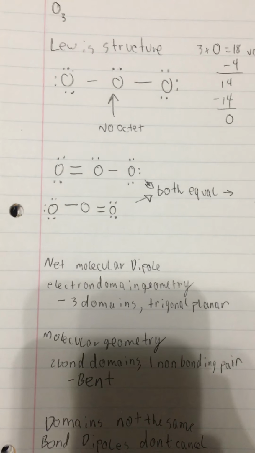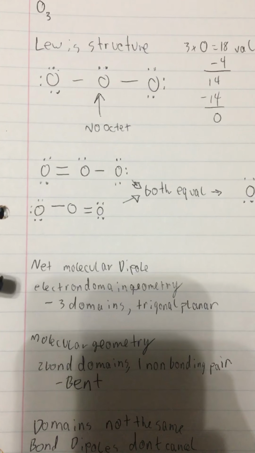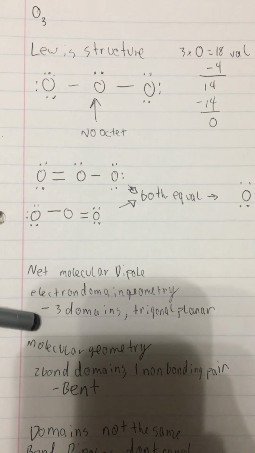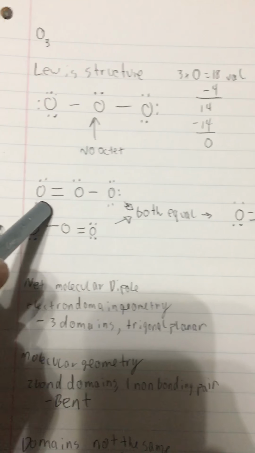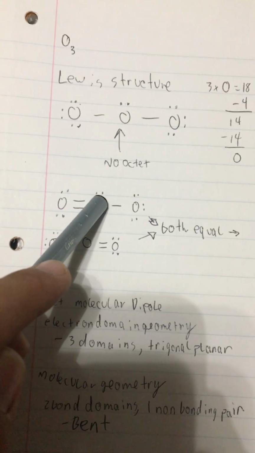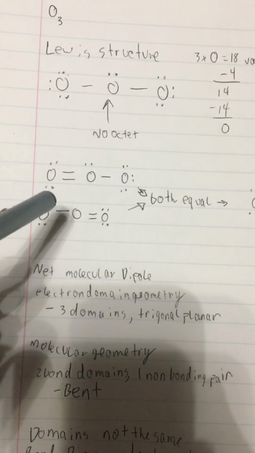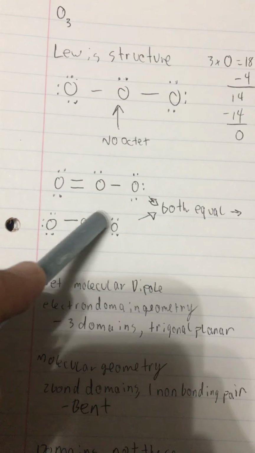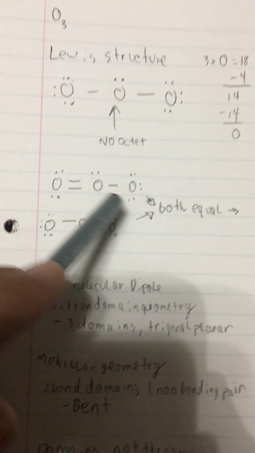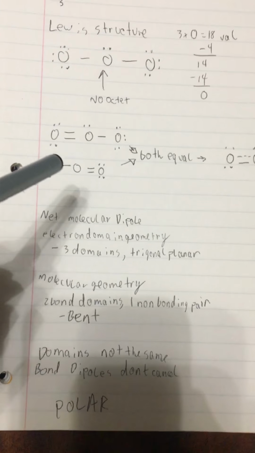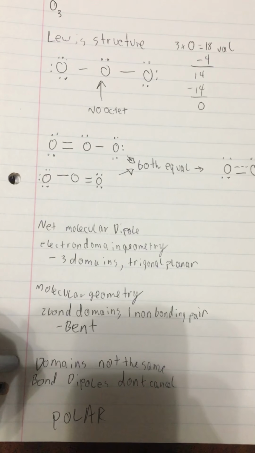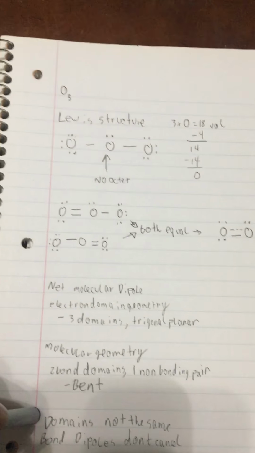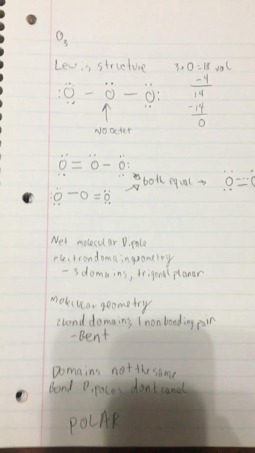With that, the electron domain geometry has 3 domains and is trigonal planar, since it has the 2 bonds to the other oxygens and the lone pair. But the molecular geometry is bent because it has the two bonds but the lone pair isn't counted. Since the domains are not the same and the bond dipoles don't cancel, O3 is polar.